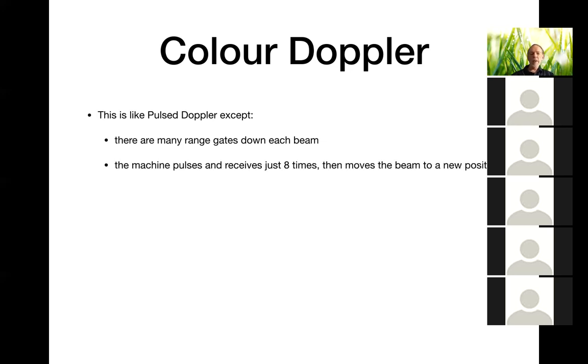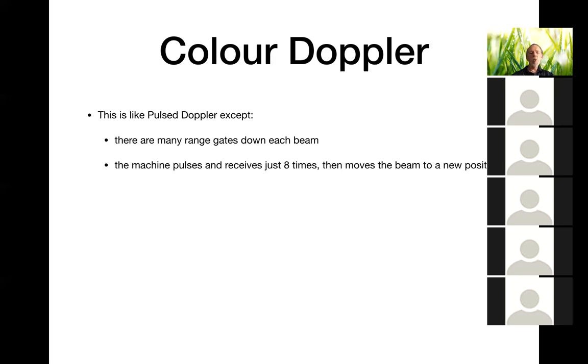The next difference is that with the beam in any one position, the machine transmits and receives just 8 times. So it acquires only a very small amount of information, and then it moves the beam to a new position and starts over. So the machine only has information from 8 transmit pulses to determine the Doppler shift and to quantify it and display it.